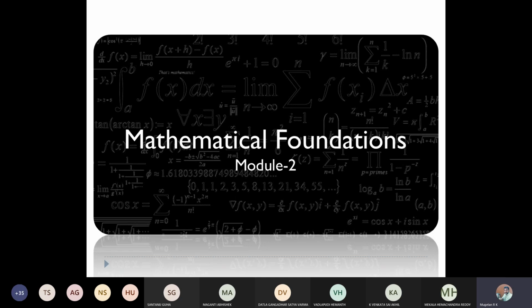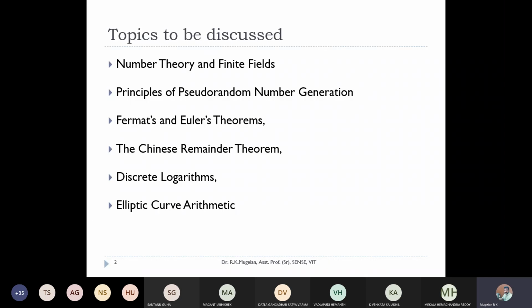In this module, we'll be discussing the following topics, starting from number theory and finite fields. As per the syllabus, the principles of pseudo random generation is placed as the second topic, but generally we will take that up at the end.